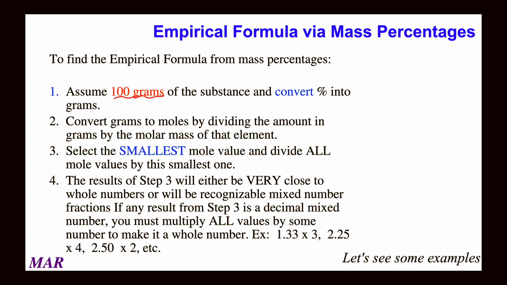Now, if you end up with a fraction like 1.33 or 2.5, you might have to multiply this step by 2 or 3 or something to make it whole. But the goal, at the end of step 4, is to find the empirical formula, which is a small whole number ratio of atoms.